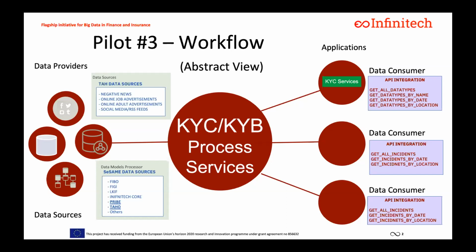And I have highlighted here Privé, Privy, and Tahoe, which are basically the pilot-oriented ontologies. The Traffic Analysis Hub ontology is just a subset of concepts and terms from the vocabularies that we can analyze.